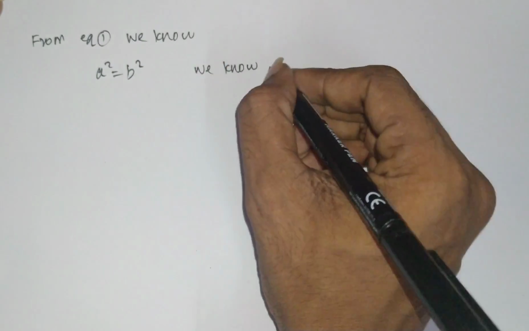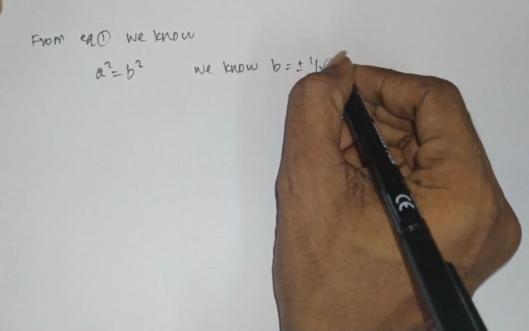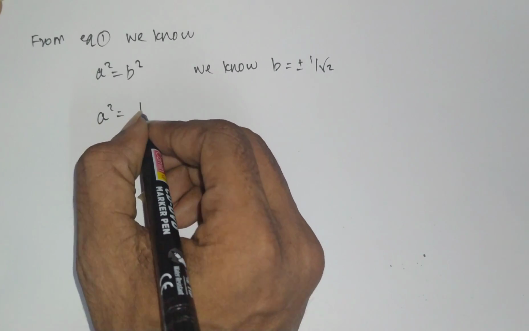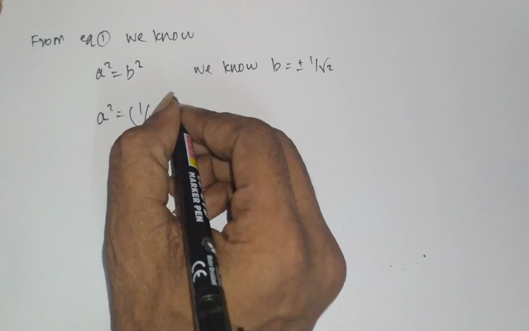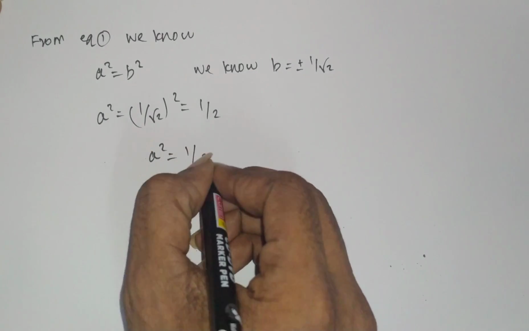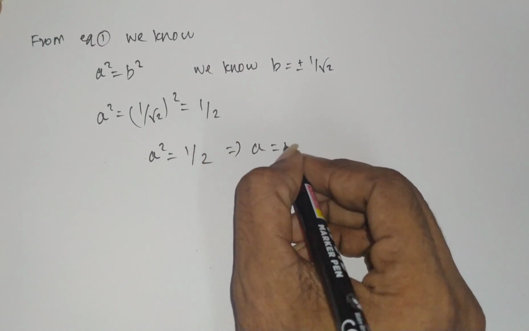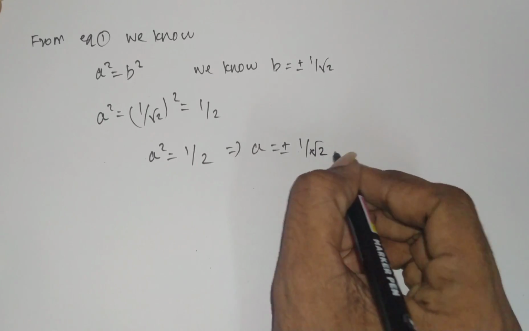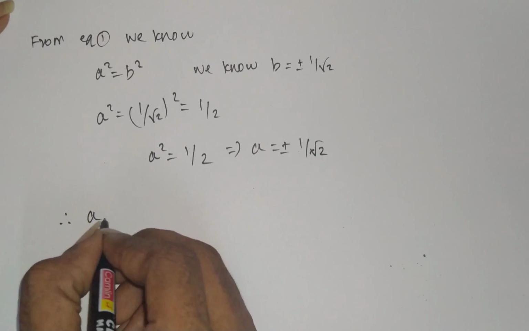So substituting b in equation 1, a square equal to 1 by root 2 the whole square, which is 1 by 2. So therefore a square equal to 1 by 2, which gives a equal to plus or minus 1 by root 2. Since we are taking square root, we should add plus or minus.